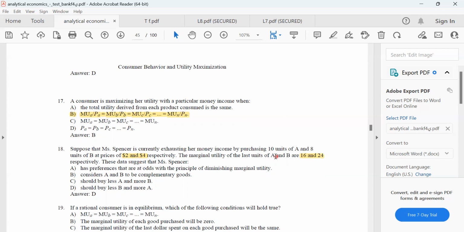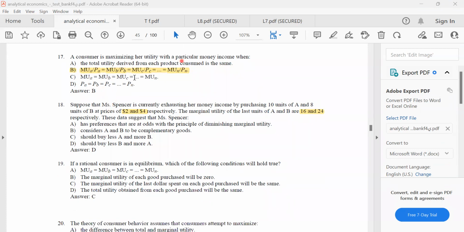So I should buy less of B and buy more of A because the relative price of A is cheaper. So here I should buy less of B and buy more of A.